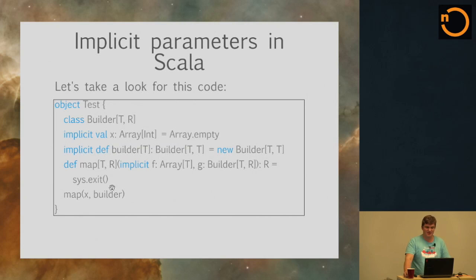Here you can see that we want to pass x, which is an array of int type, so we can infer that t is integer. And the second parameter is a builder of unknown type, and we want to put it to t and r. But Scala type inference works in such a way that we cannot infer from other parameters in the same parameter clause.